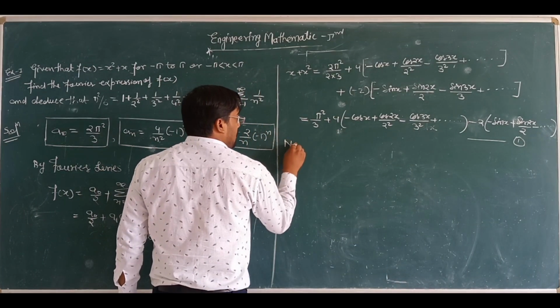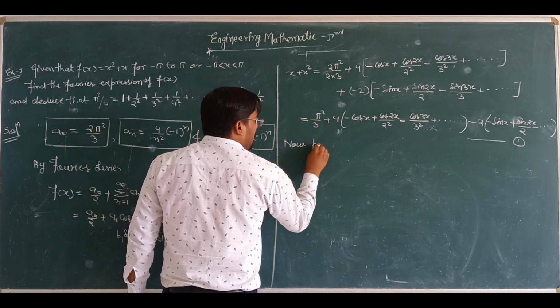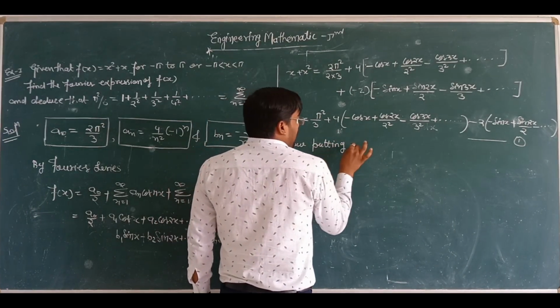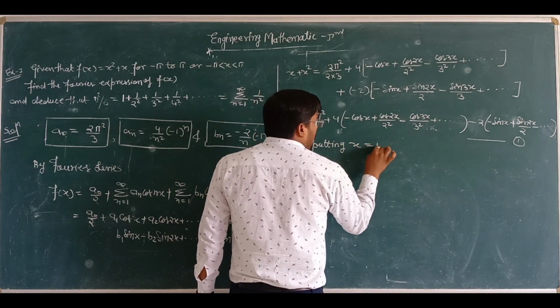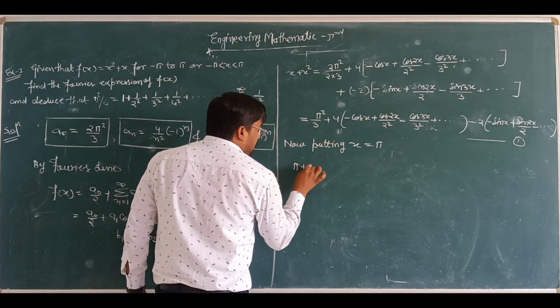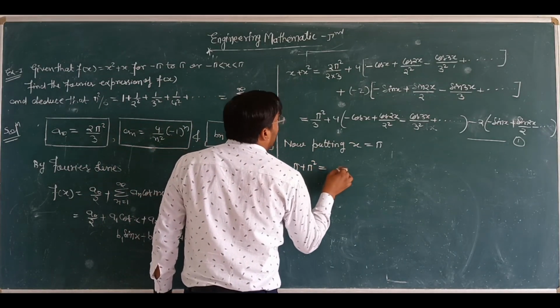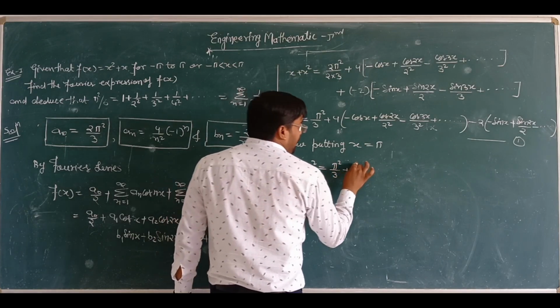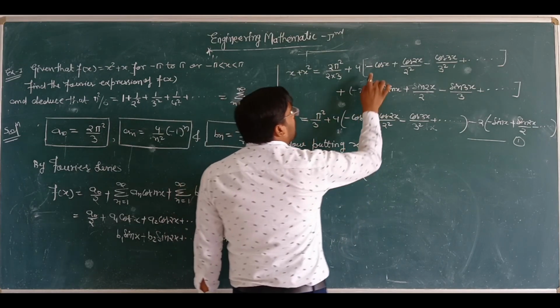Now putting x is equal to pi. Now you can write pi plus pi square is equal to pi square by 3 plus 4 bracket, now put the value of cos pi.